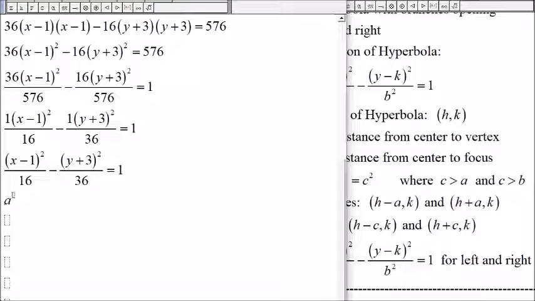And so now we have a squared is 16, so a is 4. Then we have b squared is 36, and b is 6.